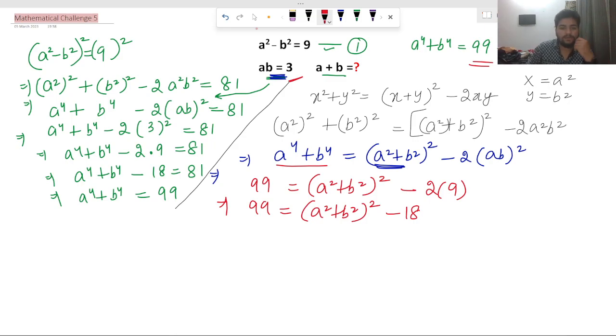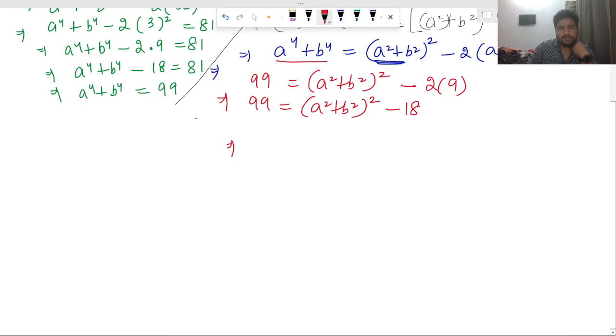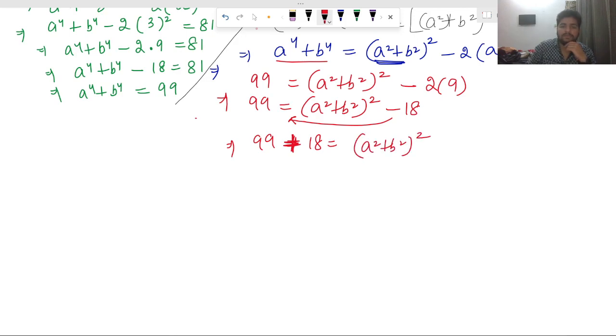So 18 will come here and will be positive, and this should be a square plus b square whole square. It will be 117 equals a square plus b square whole square.